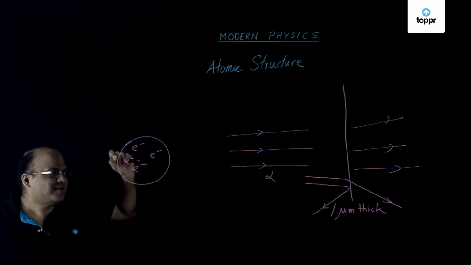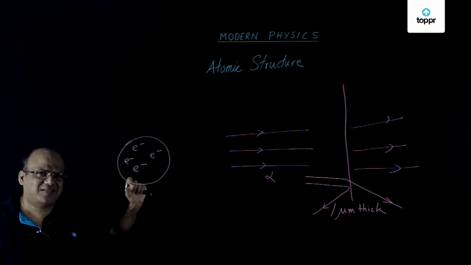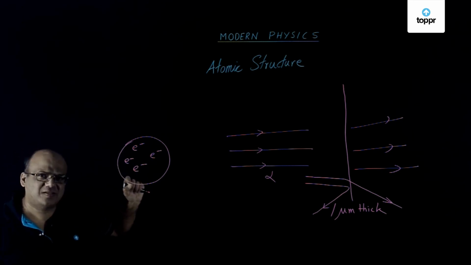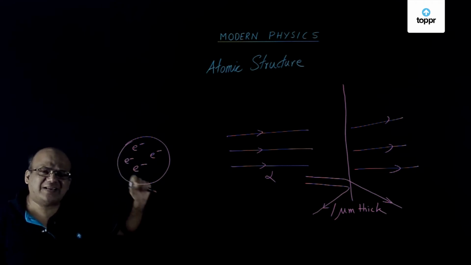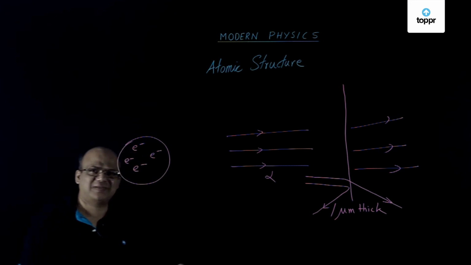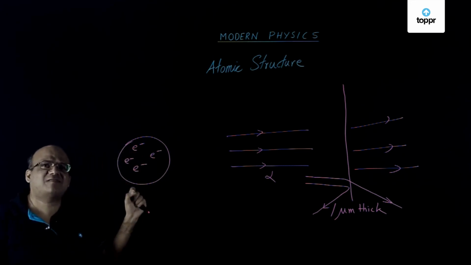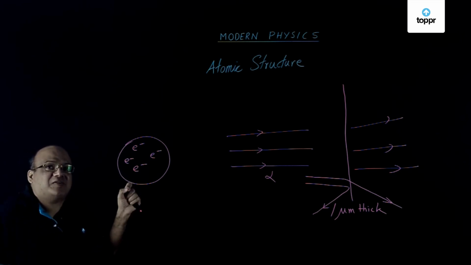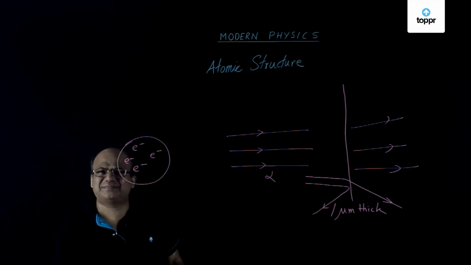There is a very small space inside an atom that is called the nucleus. Almost the entire mass and all the positive charge of the atom is concentrated in that very small space, and he called it the nucleus.